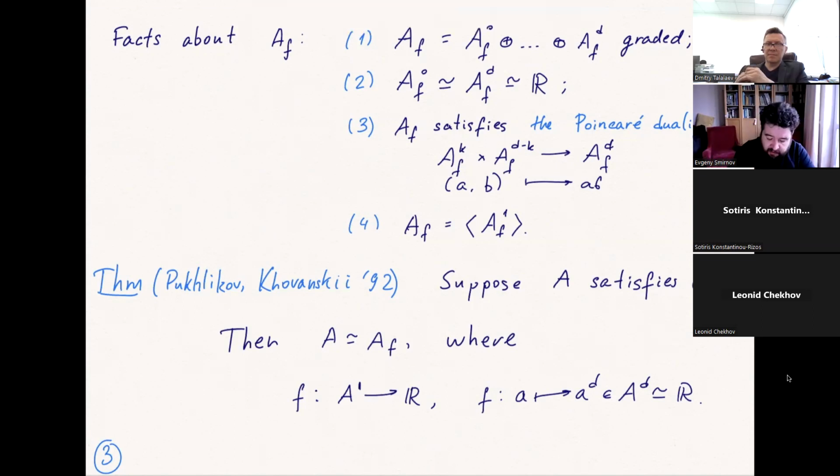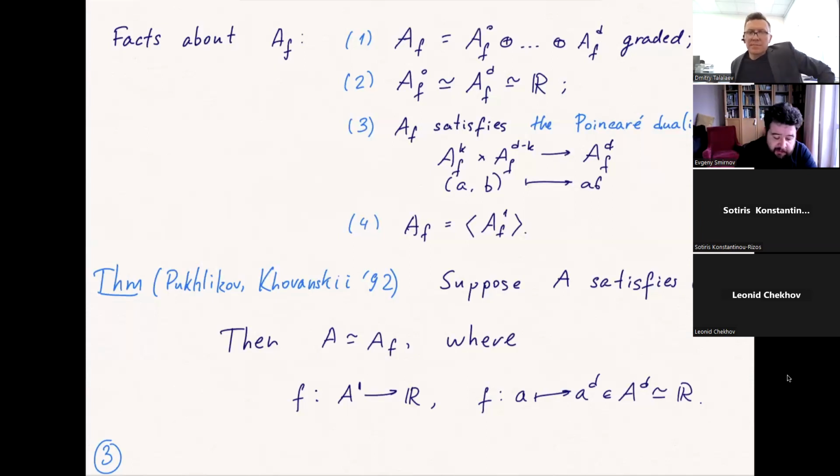In this form, it was formulated by Khovanskii's student Kiumars Kaveh in his paper of 2011. But anyway, the statement is pretty much obvious. The statement is as follows.